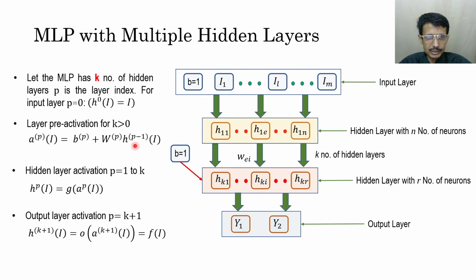The hidden layer activation for p equal to 1 to k is h_p(i,j) = g of the summation, where g is the activation function, and the output layer activation for k plus 1 is the output O. These are the basic mathematical functions.